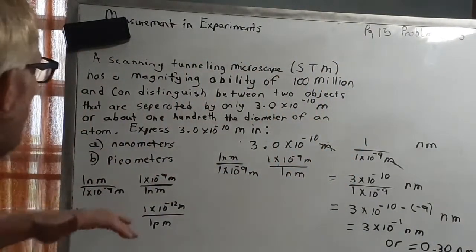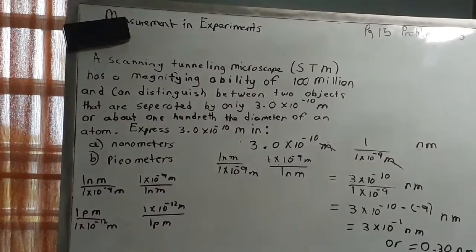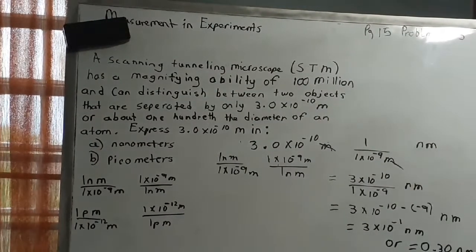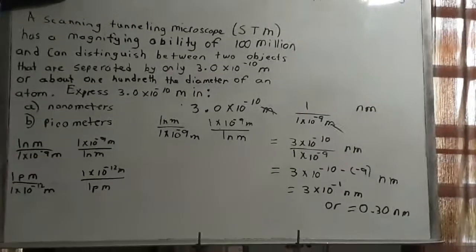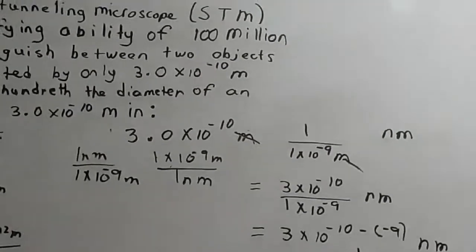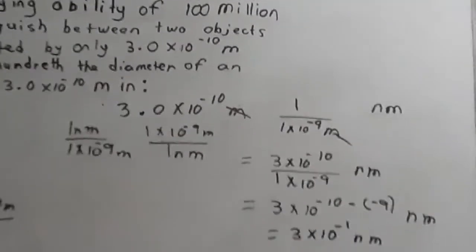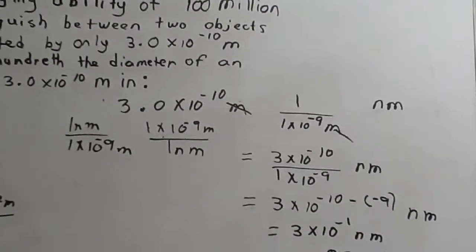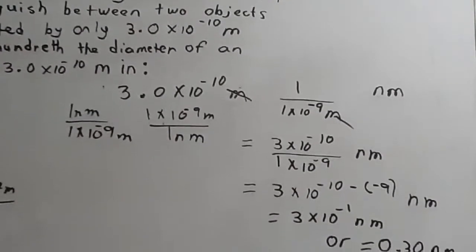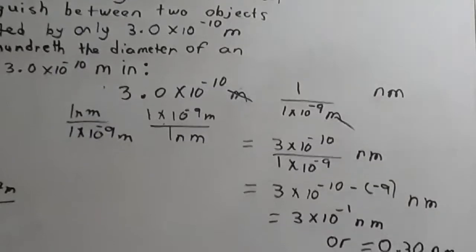So we already did the first one where we converted it to nanometers. So again, I'm going to step out of camera, give you the opportunity to observe what I did. Real quick, if you observe, all I did, and I'm going to zoom in real quick, what I did is I just took the 3 times 10 to the power of negative 10, and I used the ratio in which meters is my denominator, and I substituted that.